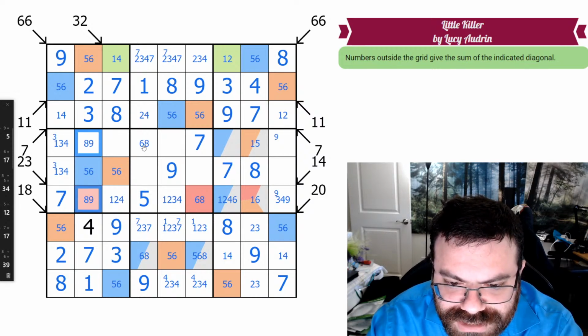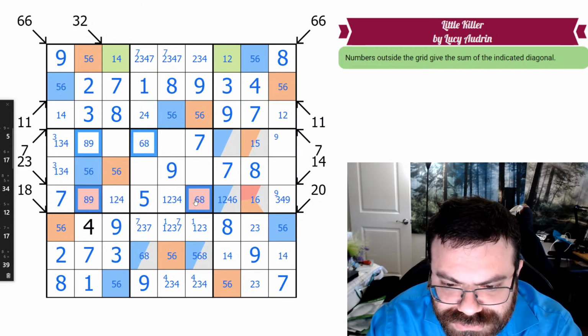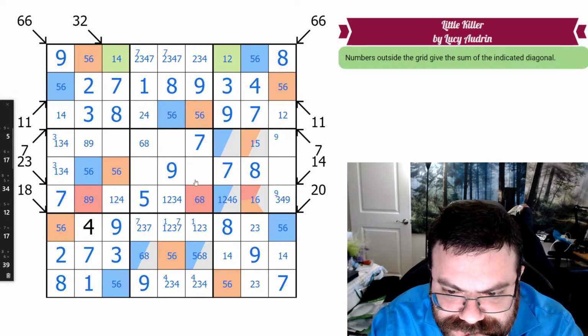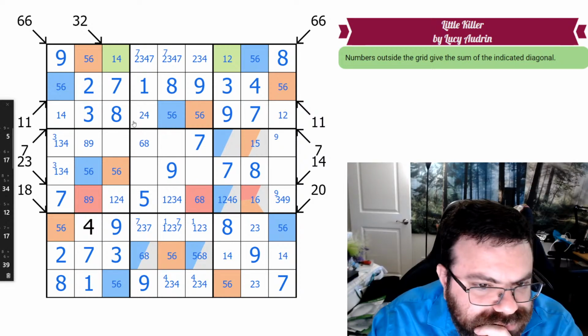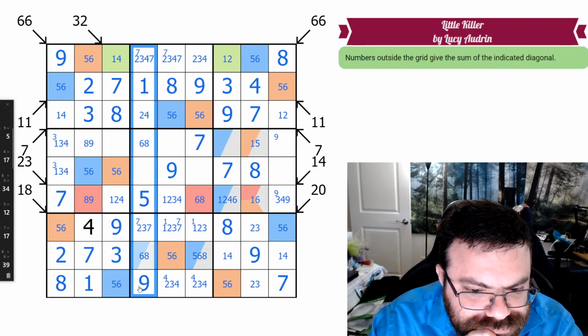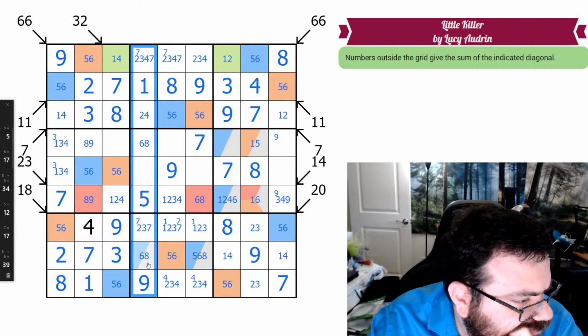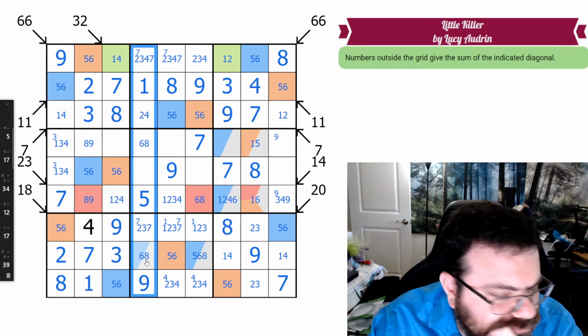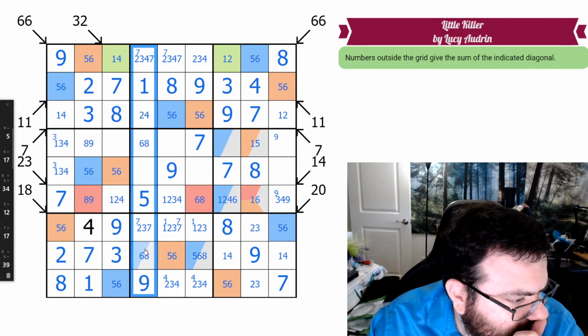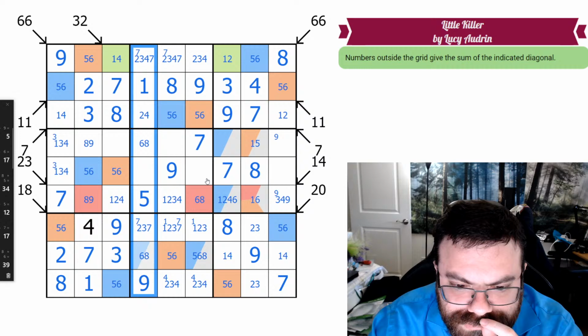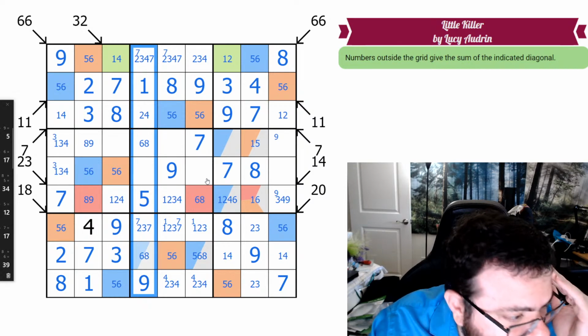Am I seeing this wrong? 9, 8, 6, 8. 8, 9, no. I'm confused.